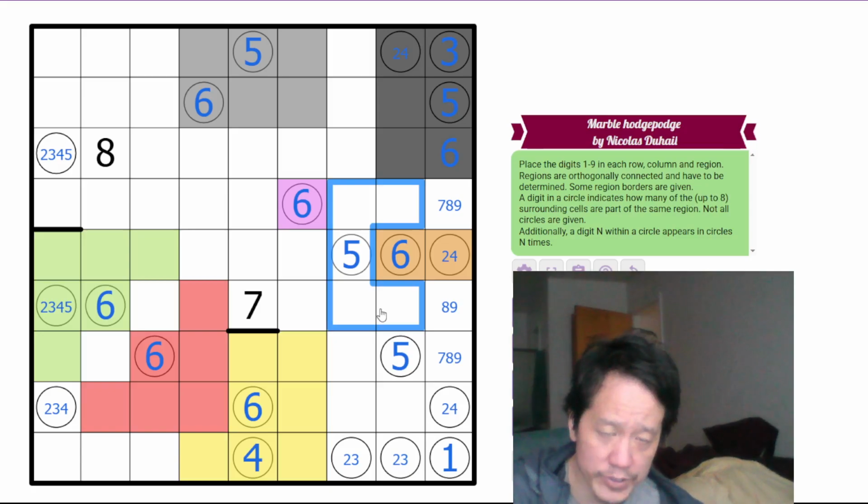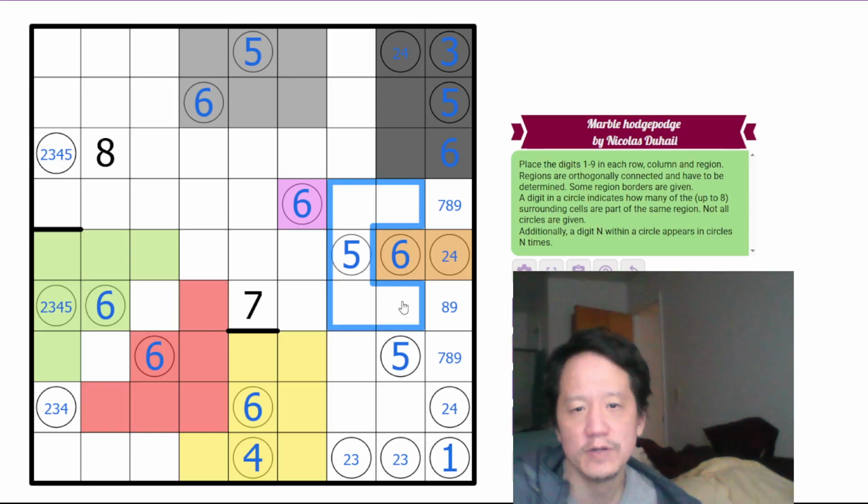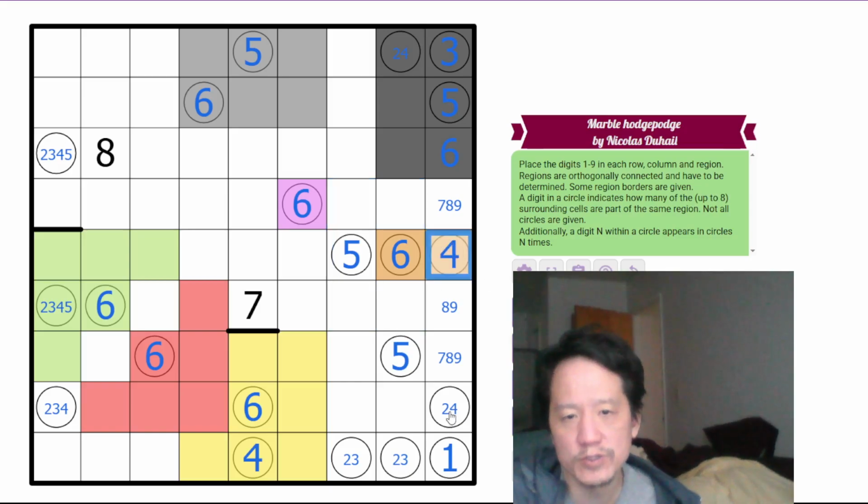You're always going to have... This is 1, 2, 3, 4, 5, 6 at minimum. So this would be 4 then. This would be 2. This, I guess, could be part of dark. We have 1, 2, 3, 4.